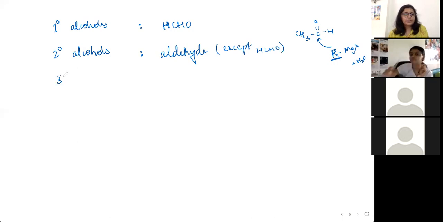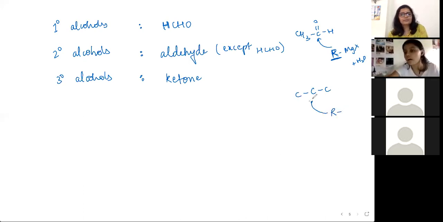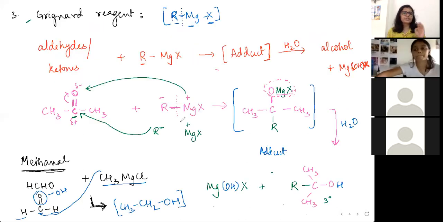And if you want tertiary alcohols, then you take a ketone. That was the first example that we saw. Because ketones are already connected to 2 carbon atoms, and the Grignard reagent is going to add 1 more carbon chain to it. So these are all the important notes on preparing alcohols from Grignard reagent.